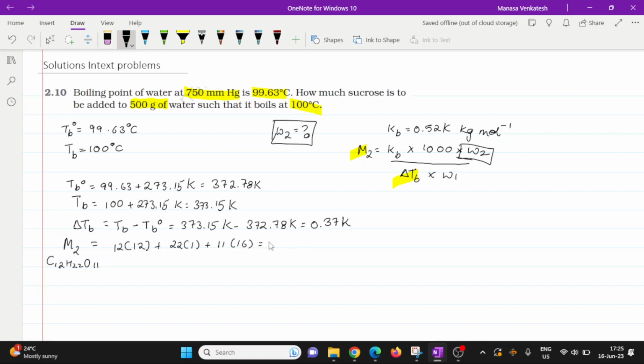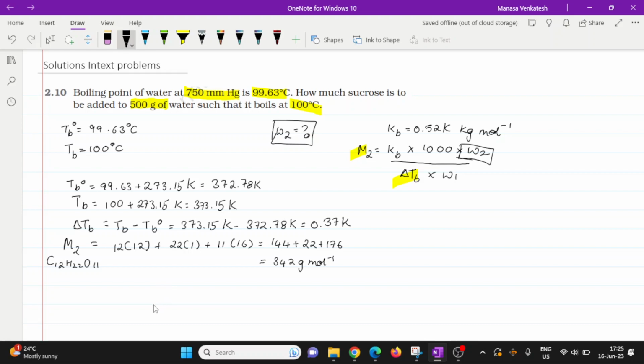So this gives us 144 plus 22 plus 176, and that is equal to 342 grams per mole. That's the molar mass.